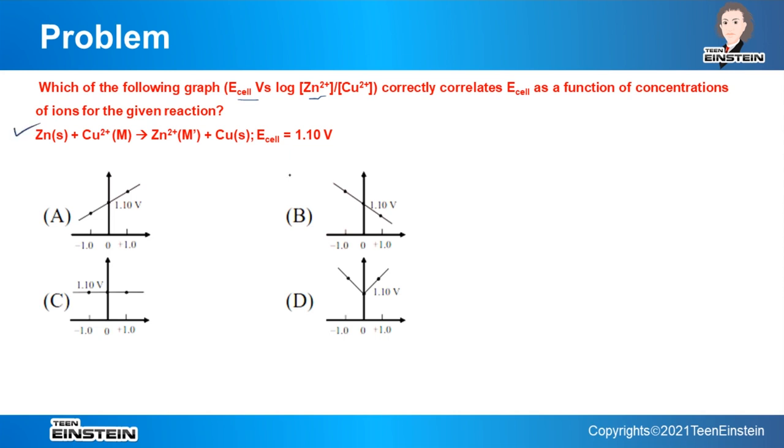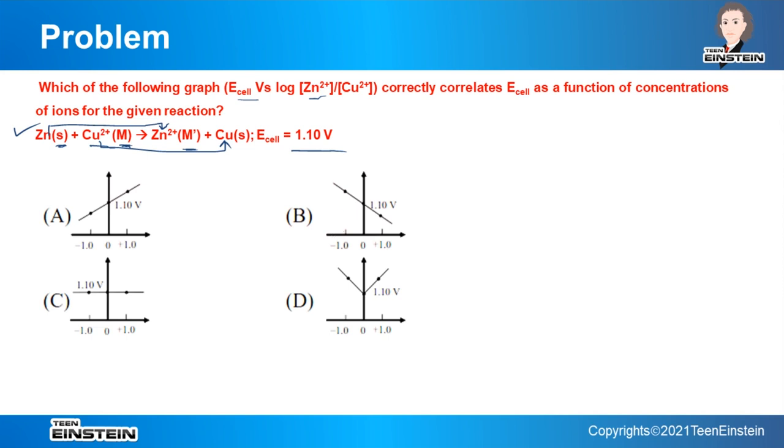It is given, and E cell of this system is also given. Now for this reaction, that is Zn(s) plus Cu2+, this is solid, and this has some concentration, that is molarity M, this is M prime. So Cu2+ is reduced to Cu and Zn is oxidized to Zn2+.